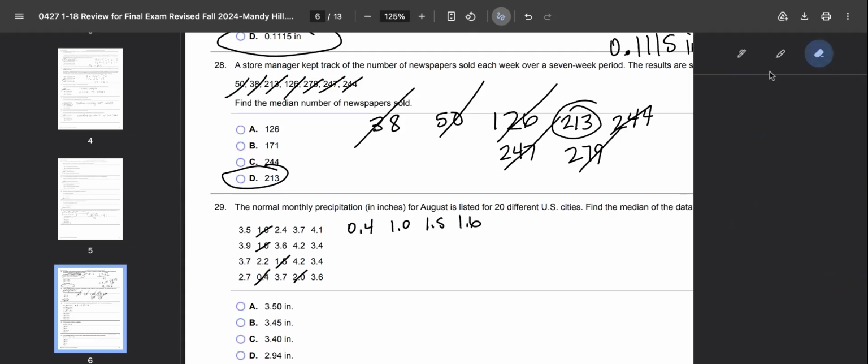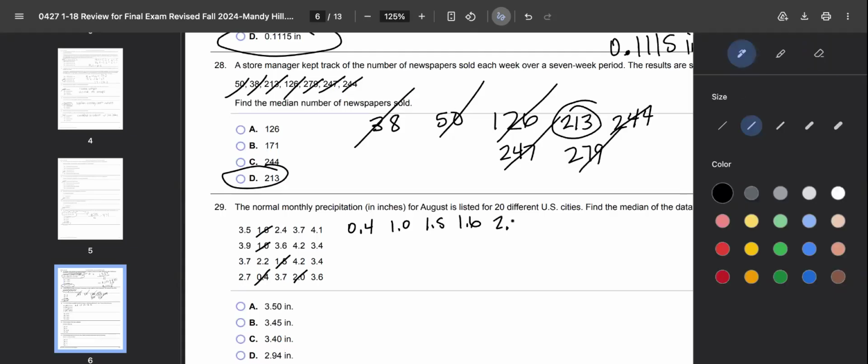Sorry about that. Okay, let's see. I see a 2.7. Okay, and I think that's all the 2s. I see the smallest 3. Nope, I see a 2.2 that I did not put, and luckily I can fit it right here. 2.2.